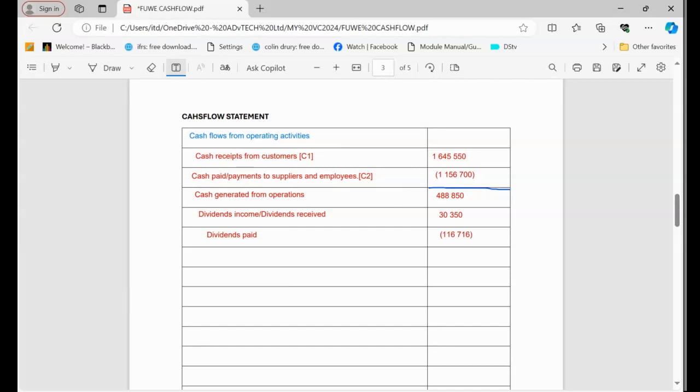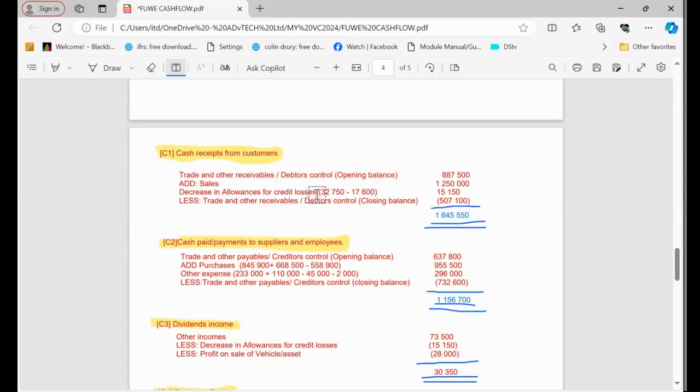Yeah, the cash payments. But if you can check our figures, just compare them with the memo. Just check if our figures are different.